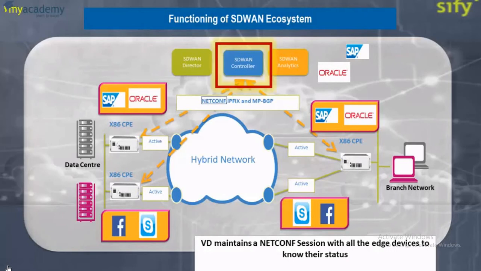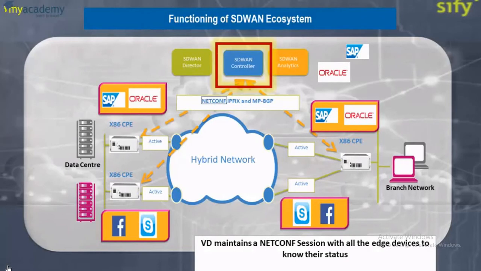And the director maintains a NETCONF session with all the deployed edge devices to understand whether the device is up or down, right? Whether the CPE is reachable or not. It also collects a few more details using NETCONF. NETCONF basically runs on top of a protocol called RPC.